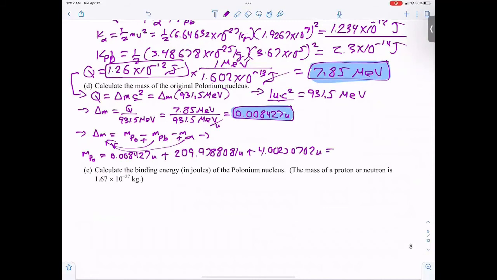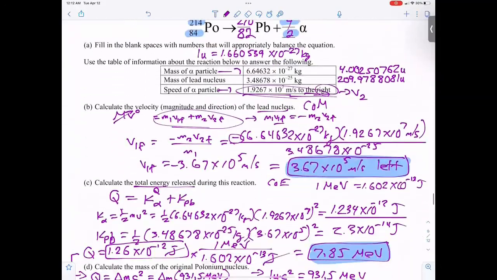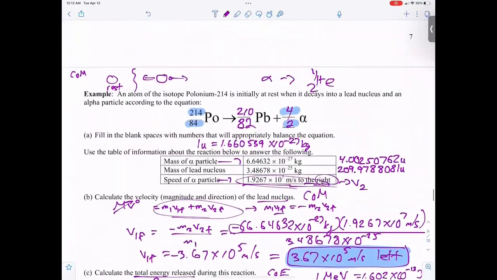Add those together and we get 213.98974272 atomic mass units.